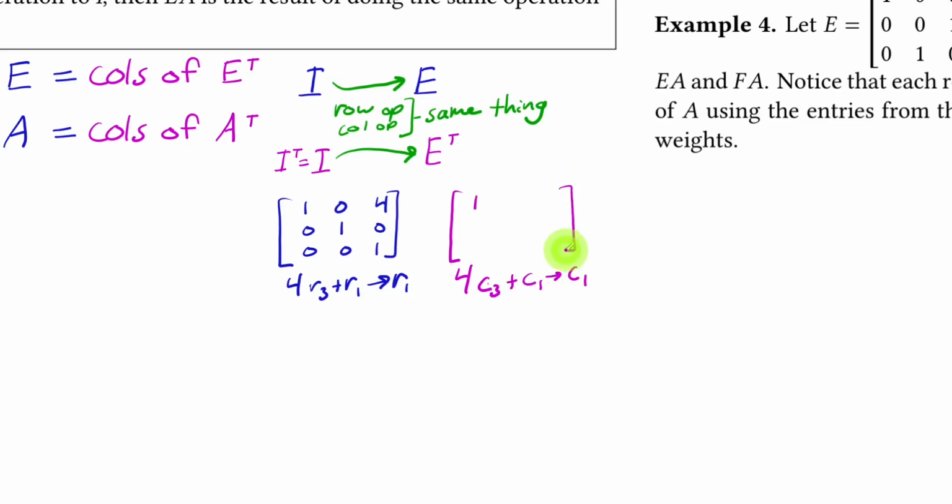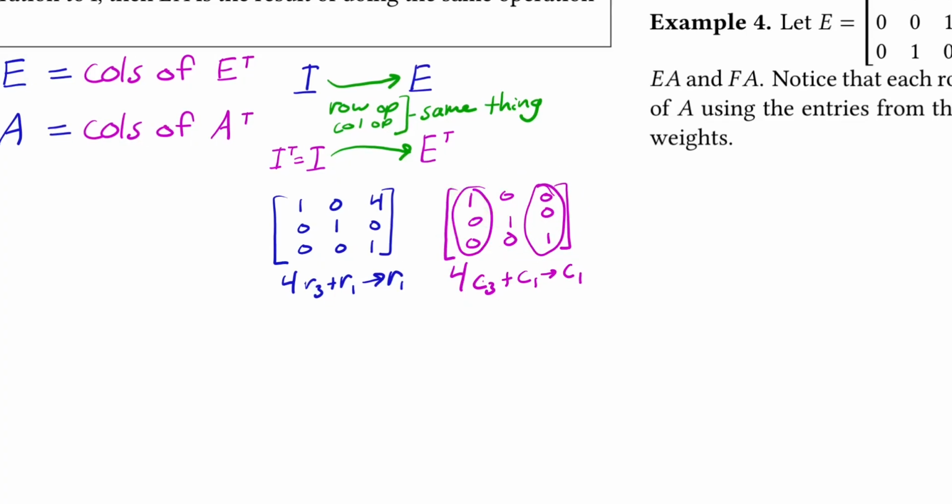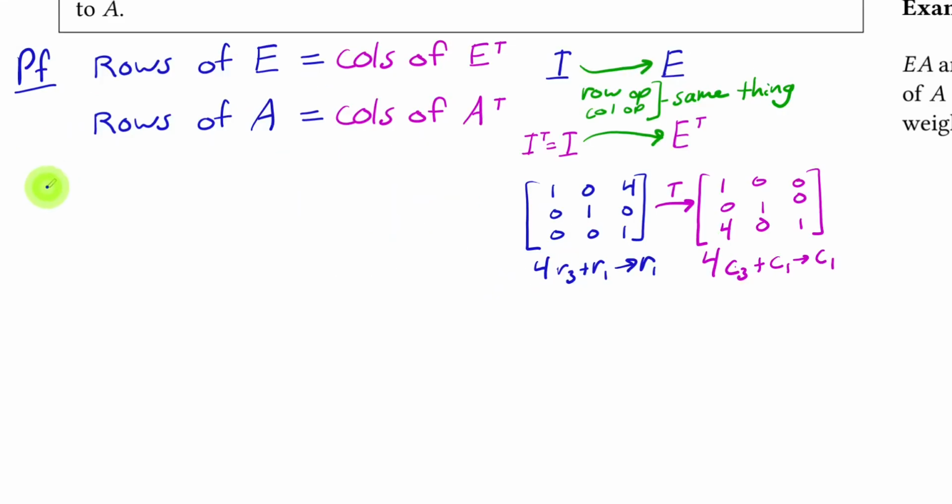So literally just replacing rows with columns. So here's the identity matrix, but we're just going to do the same operation here. So we're doing 4 times this column, adding that to the first column. That's going to make this be a 4 here. And that means these are transposes of each other. The same thing that we did to row 3, we just did that to column 3 of the identity. So it is the same operation.